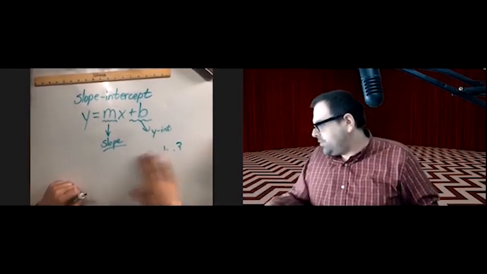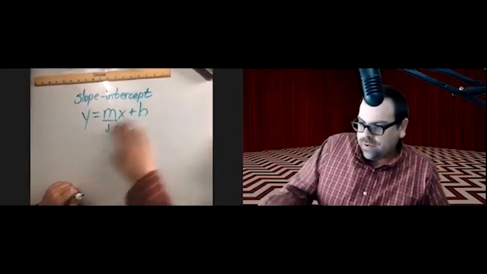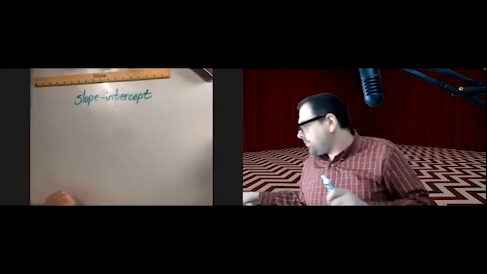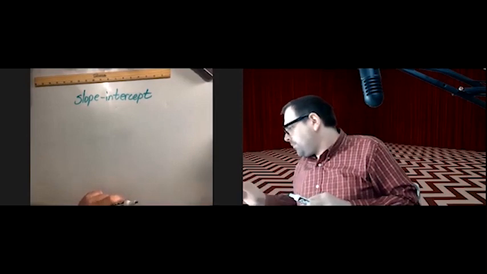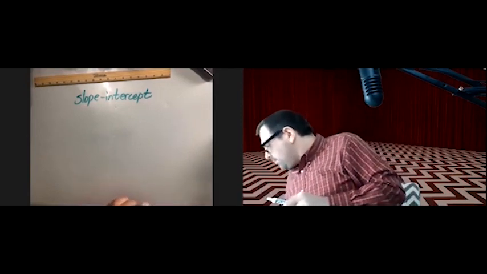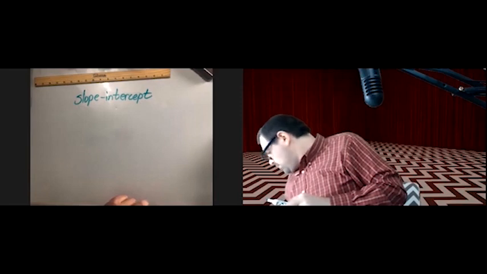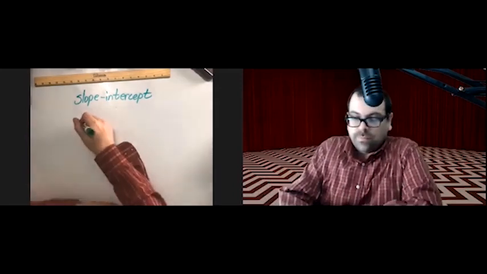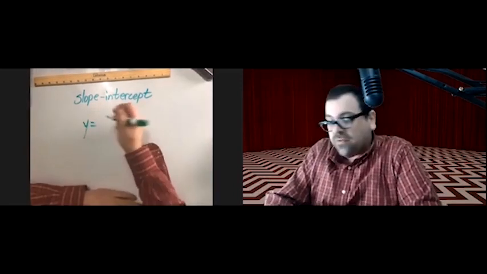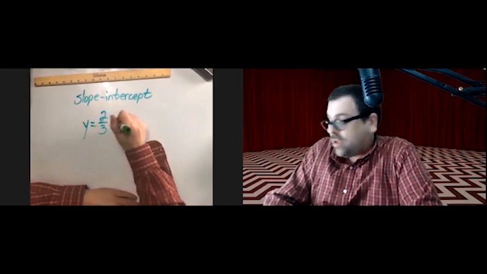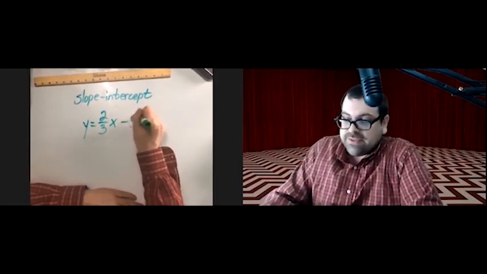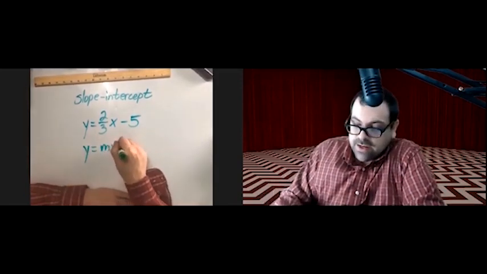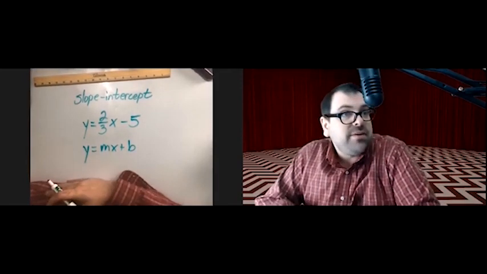So why is this useful? Well, let's say we have something solved for y. Y equals 2/3 x minus 5. This is in slope-intercept form. It's in y equals mx plus b form.